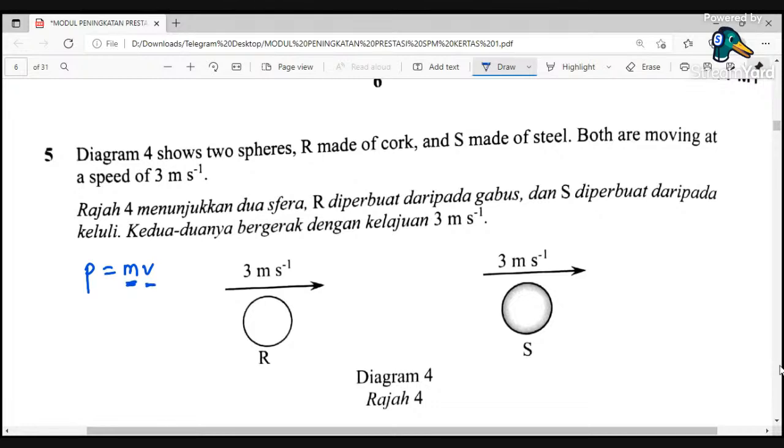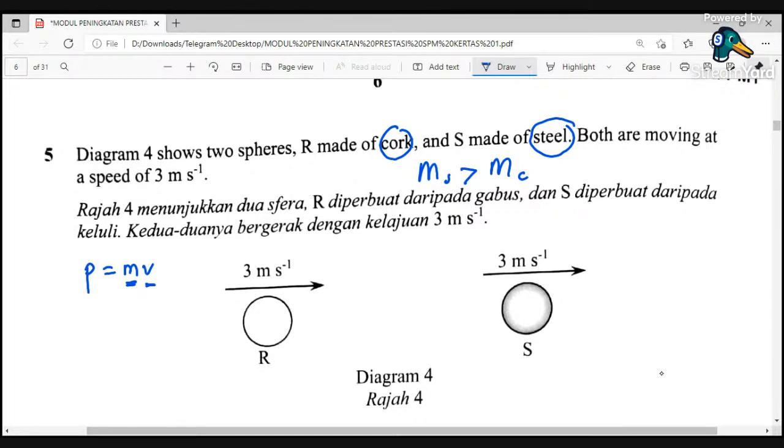Okay, here is cork and this one is steel. So you must understand the property of steel and cork. Of course, the mass of steel is larger than the mass of cork. So if the mass of steel is larger, this will cause the momentum to become large.